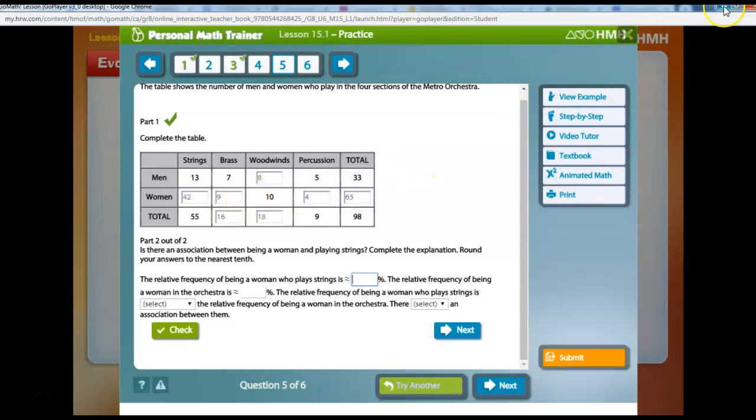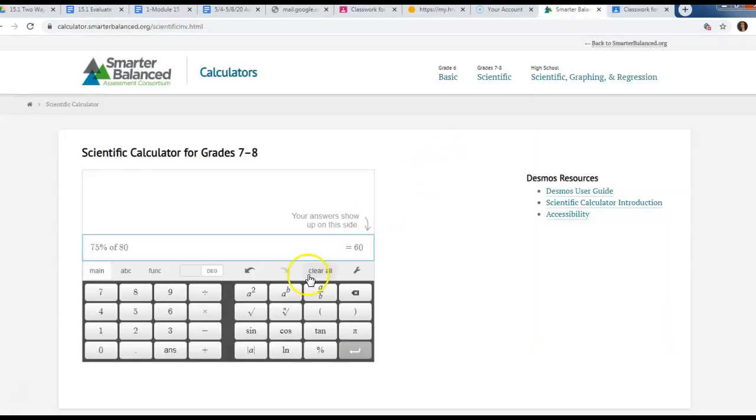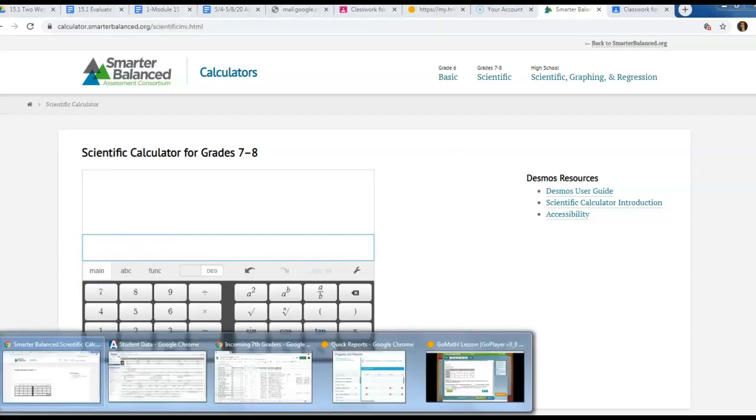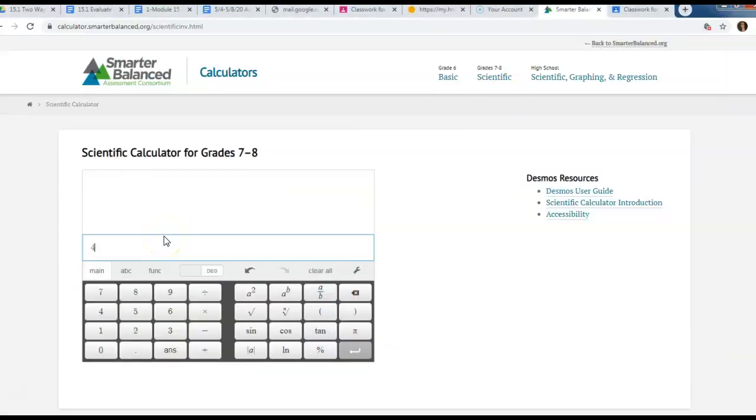So I go to my calculator: 42 out of 65, being a woman. I forgot the numbers already. 42 out of 65 as a decimal is 64 hundredths, but that's a 6, so that's 65 hundredths, so 65%.